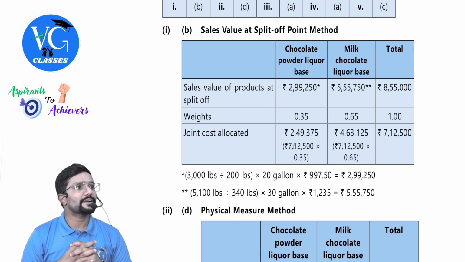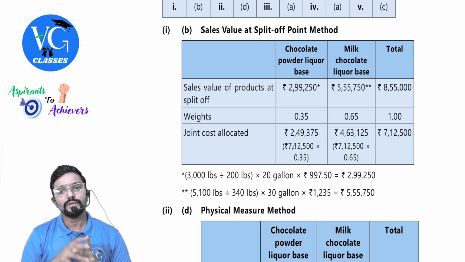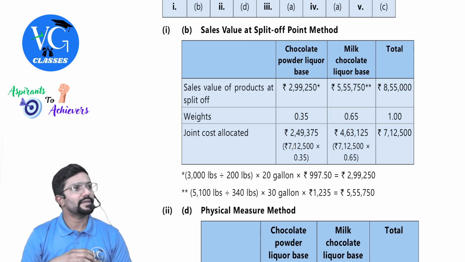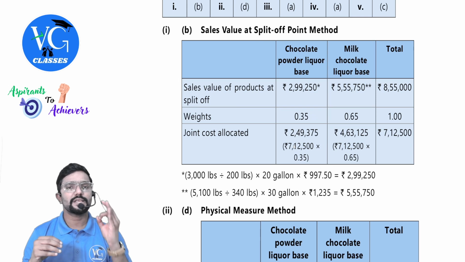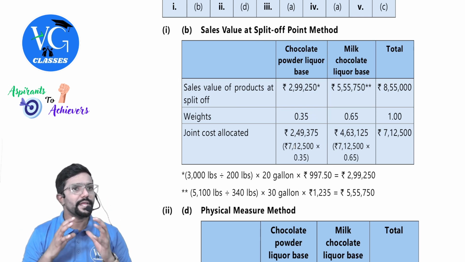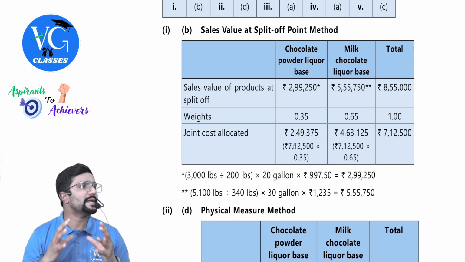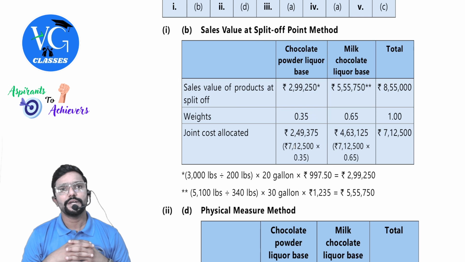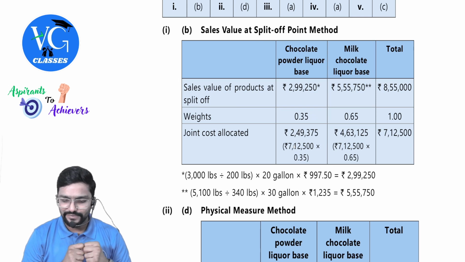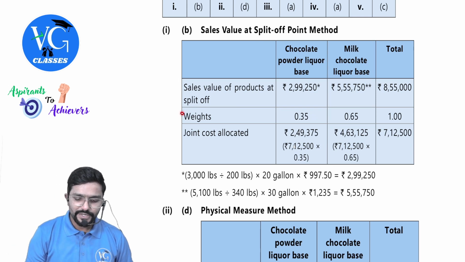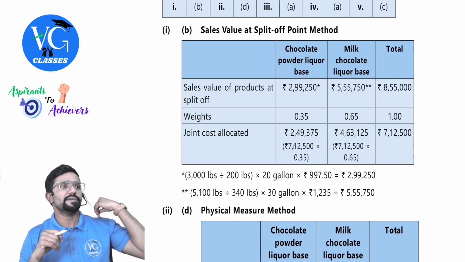That gives 3,49,375. Same way for milk chocolate liquor base: 7,12,500 into 5,55,750 divided by 8,55,000. If I do it directly, I can eliminate this weight here.